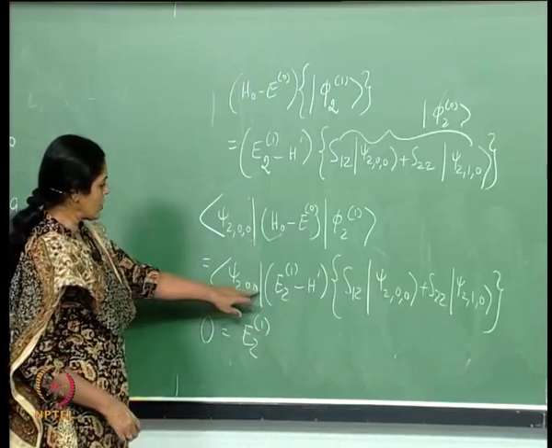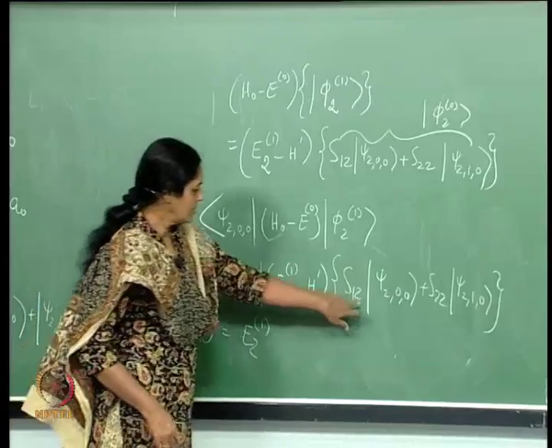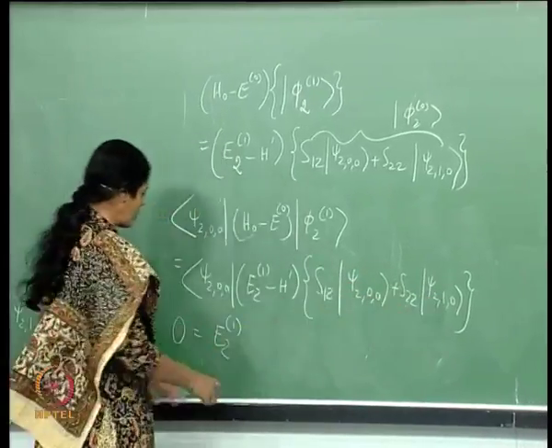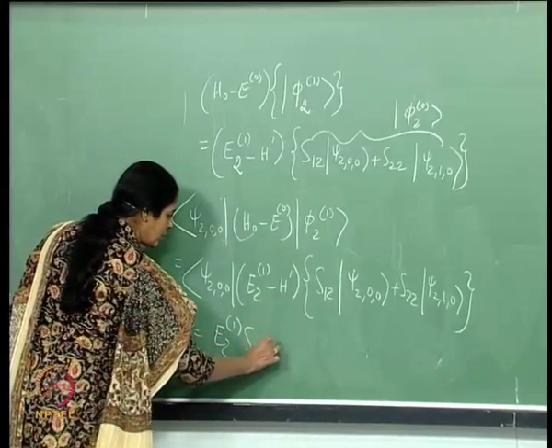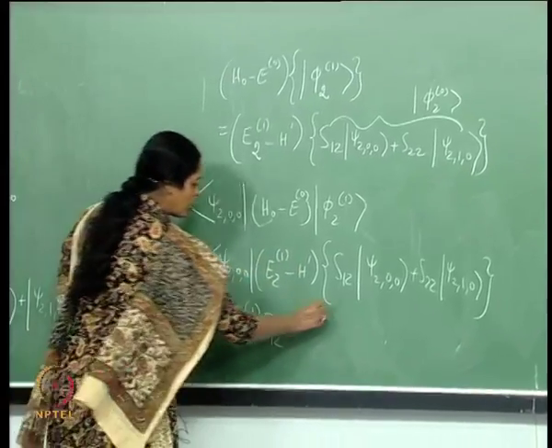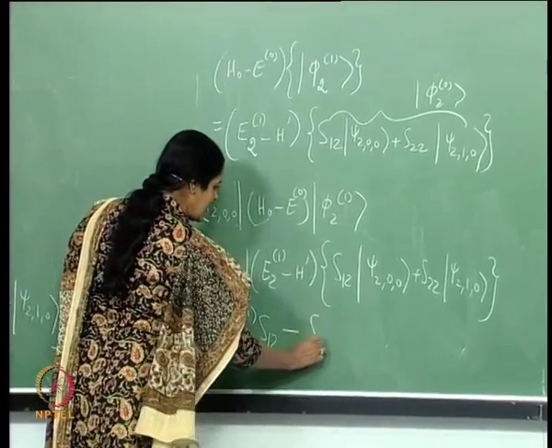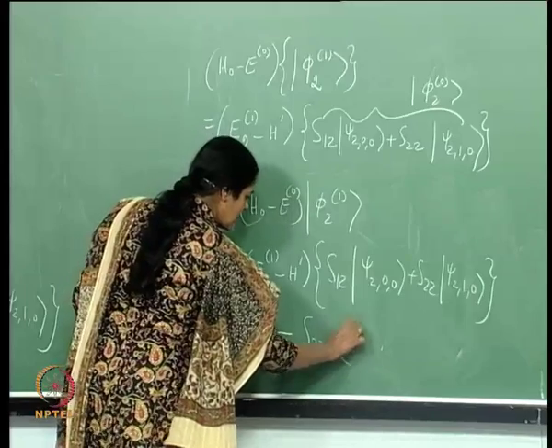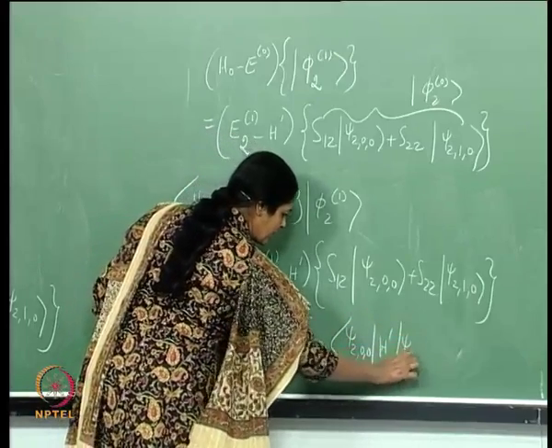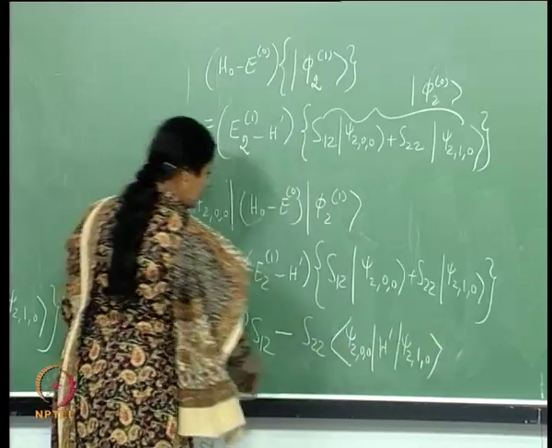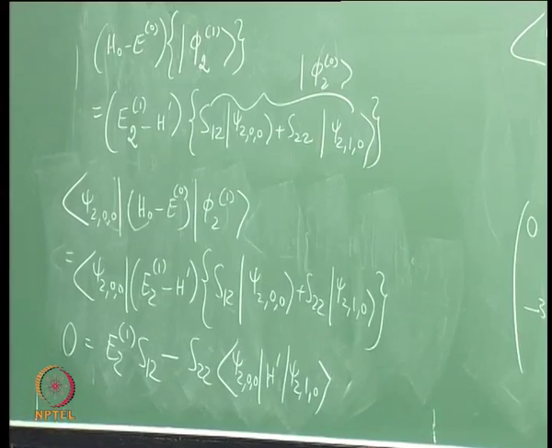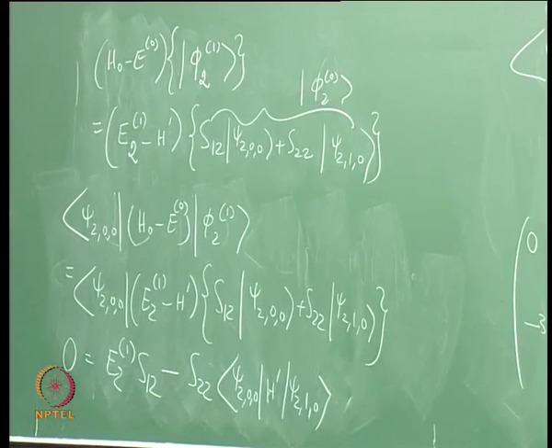What is the non-vanishing element here? It's S12, because psi 2 0 0 is orthogonal to psi 2 1 0. So I have S12 minus, using the fact that H prime only connects states of opposite parity, S22 psi 2 0 0, H prime psi 2 1 0.